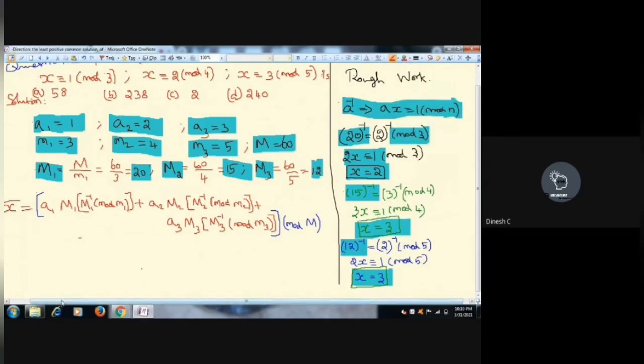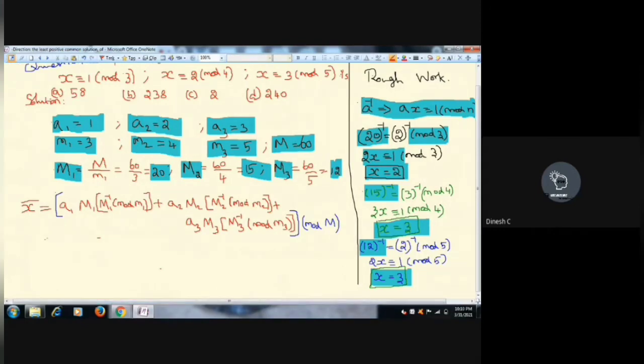We get x bar equals a1, which is 1, into 20 into 20 inverse, which is 2, plus a2, which is 2, into 15 into 3, plus 3 into 5 into M3 inverse, which is also 3. Overall, you have to take mod 60.